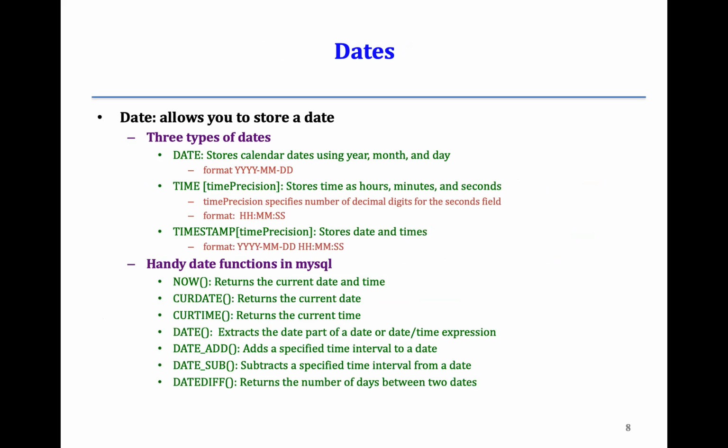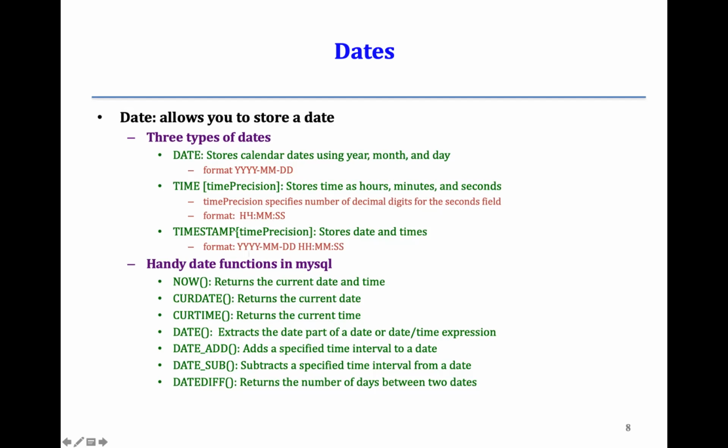Okay, dates. The format is 4 digits for the year, a dash, 2 digits for the month, a dash, 2 digits for the day. They're considered string literals, so you have to put them in single quotes. Then time is in this format, hours, minutes, and seconds.